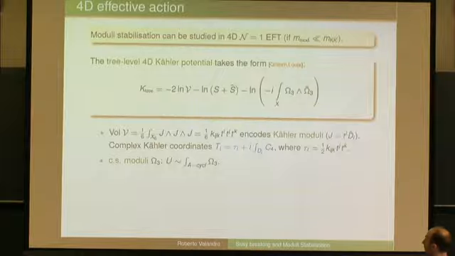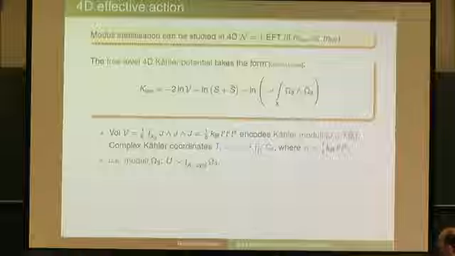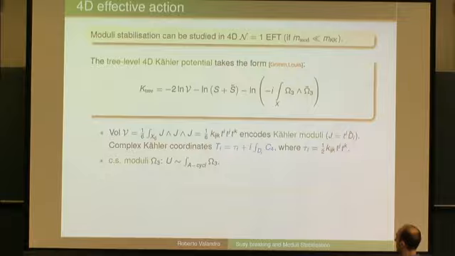Now, the true Kähler coordinates of the moduli space are complexified: they involve not the t_i but these tau_i, which are basically the volumes of the 4-cycles of the Calabi-Yau, and the C4, the four-form of type IIB, will generate a bunch of axions.